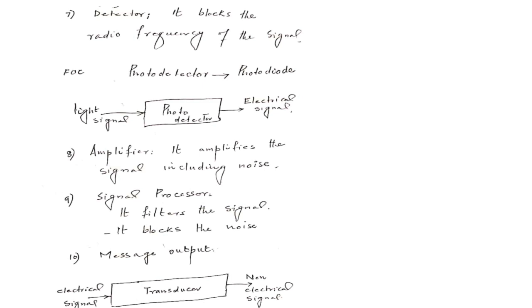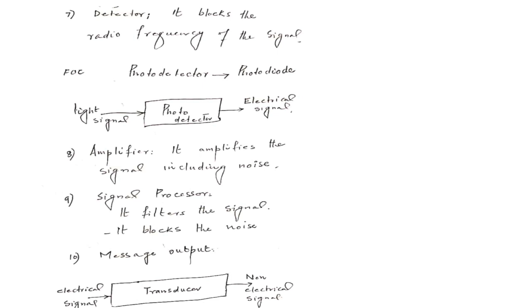It means that the signal processor blocks all the unwanted frequencies in the signal. It means that it blocks the noise. It means that the signal processor improves the signal to noise ratio. It improves SNR. So it filters the signal.